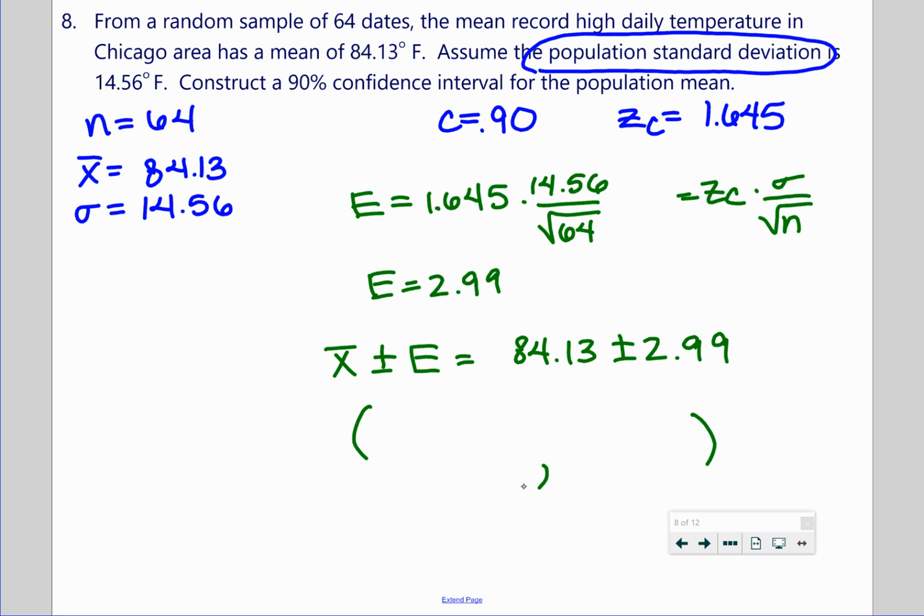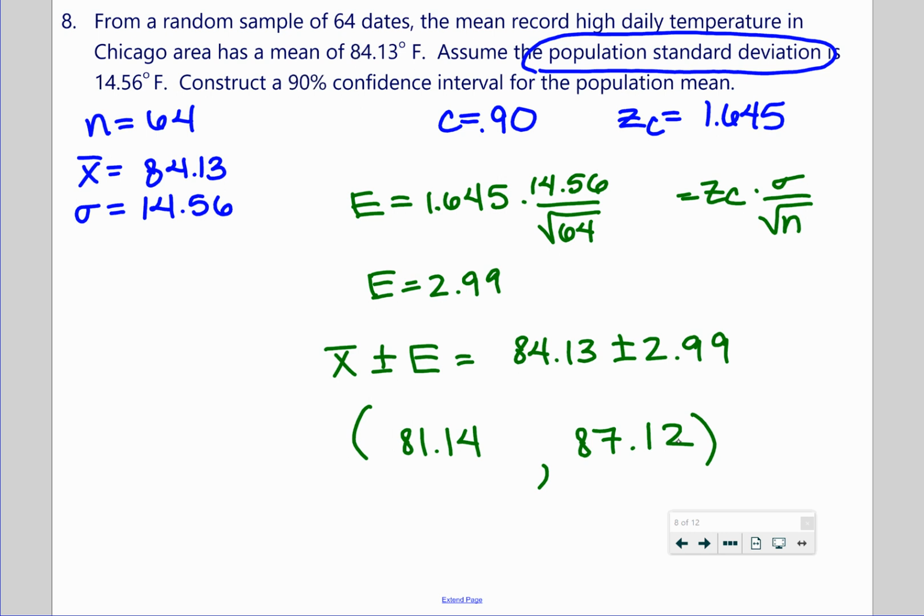Subtract to get the left number, add to get the one on the right. 81.14, 87.12. It's my 90% confidence interval. And then I don't think it says to do so here, but if you had to interpret it, you could say we can be 90% confident that the population mean is located between these two values.